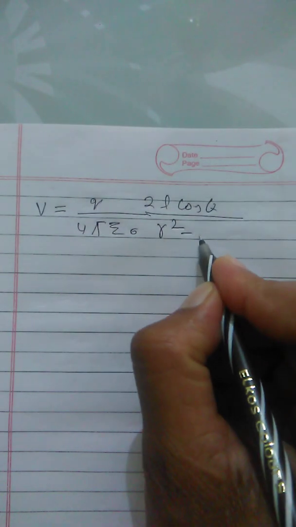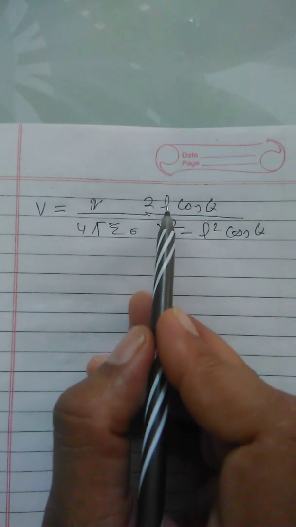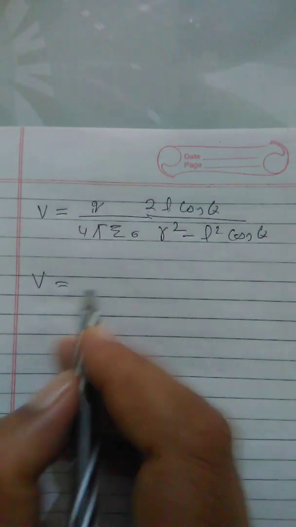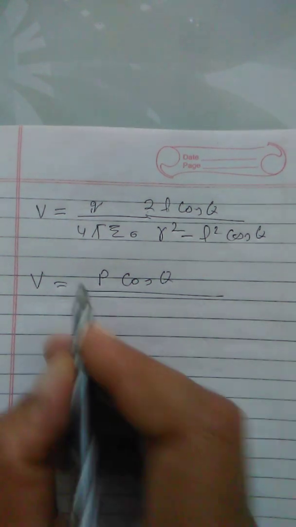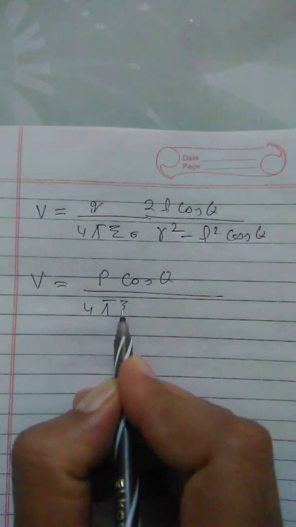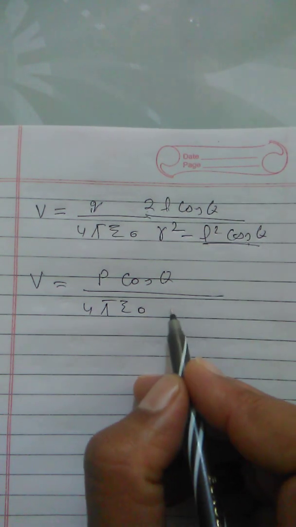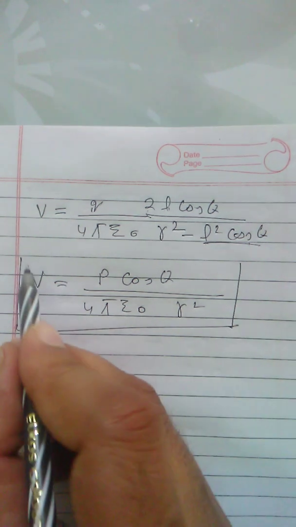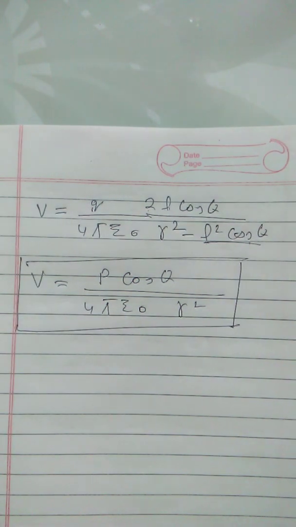So 2qL becomes p, so it becomes p cos theta upon 4 pi epsilon 0. This L square term is very small, so we can neglect it against r square. So this is the potential at any point due to the electric dipole.